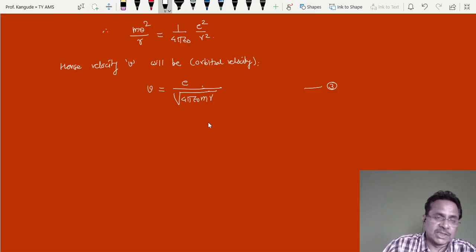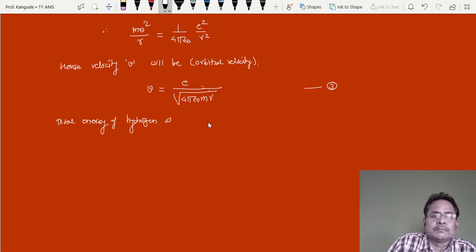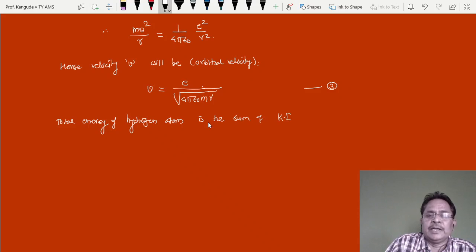Now one more calculation we can do here, for the energy. The total energy of the hydrogen atom is the sum of its kinetic energy plus potential energy.